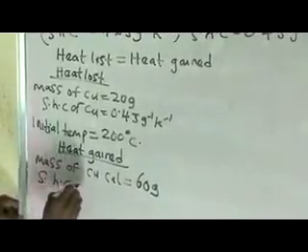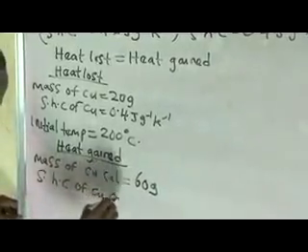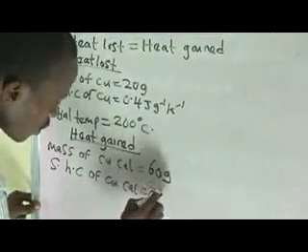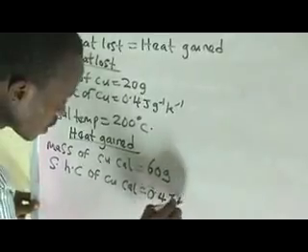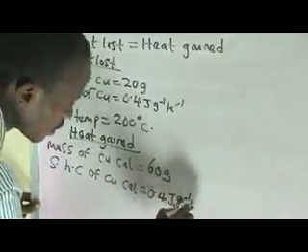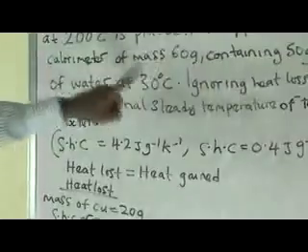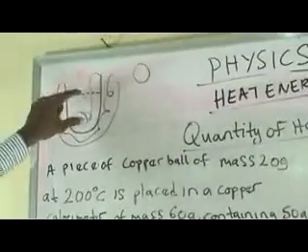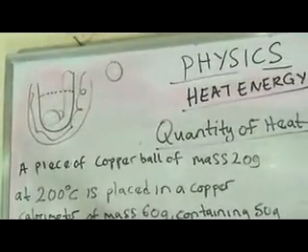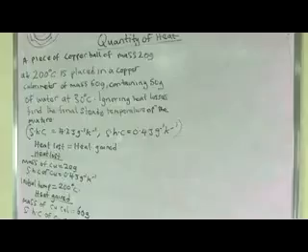The specific heat capacity of the copper calorimeter is still the same, 0.4 joules per gram per Kelvin. The temperature of the copper is 30 degrees, because copper and water are in the same place, so they have the same temperature.